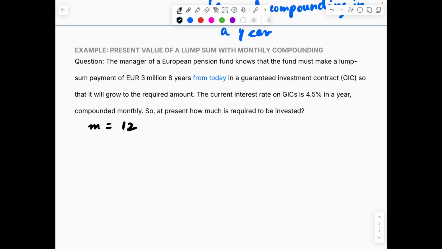So you're the manager, for example, of a European pension fund, and you know that the fund must make a lump sum of 3 million euros 8 years from today. So you want to make how much? 3 million. At what time? After 8 years. So we also got our future value, that is 3 million euros, and N is 8 years from now.